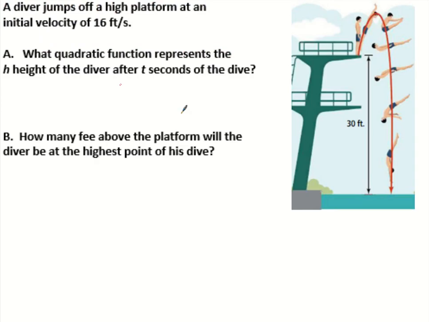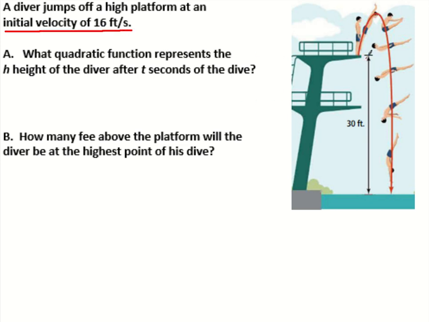All right. Now, this is the one where we're going to go into our vertical motion model. Okay, so vertical motion model is something where it shows the model of like a diver jumping up and then down. So first, a diver jumps off a high platform at an initial velocity of 16 feet per second.